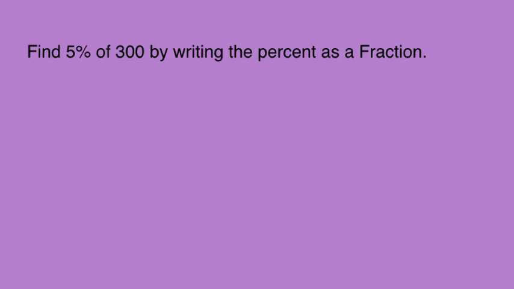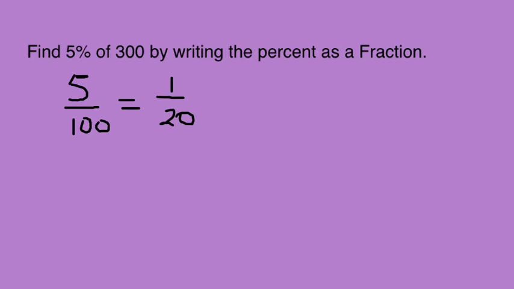So let's do an example. Let's find 5% of 300 by writing the percent as a fraction. So I'm going to take 5 over 100, and I'm going to think, can that be reduced? Yes, because I know 5 goes into 100. So this can be reduced to 1 over 20.